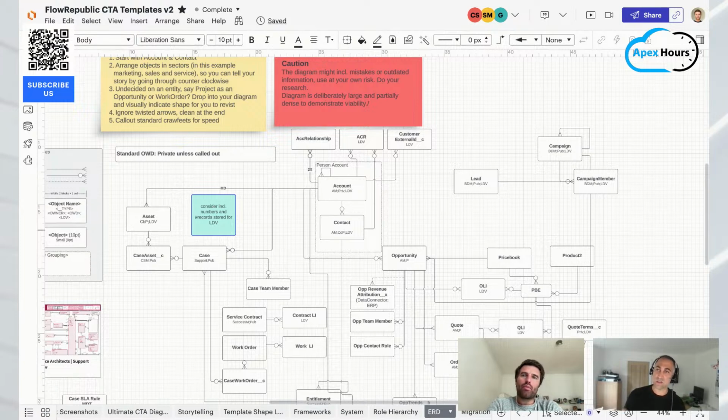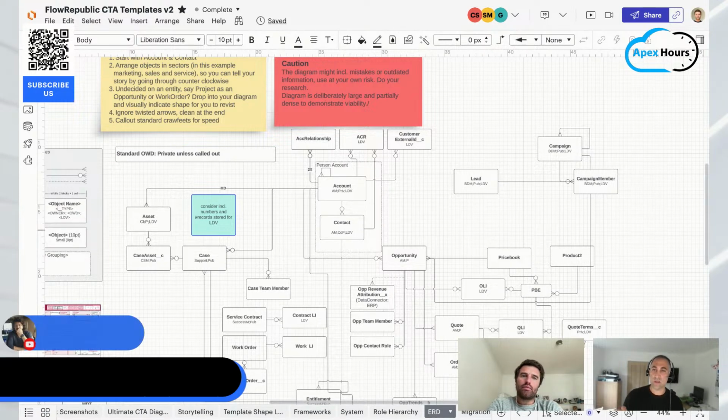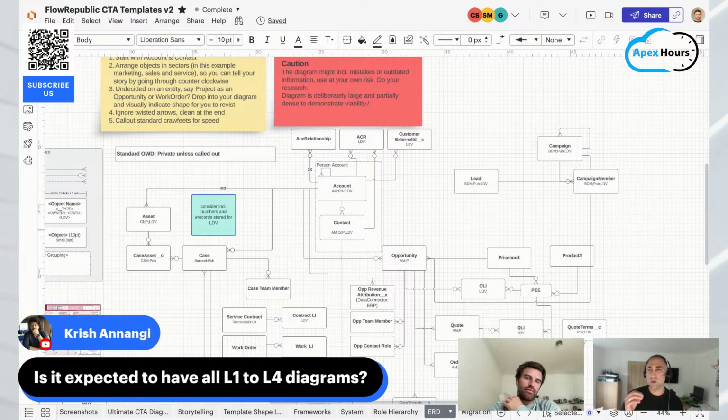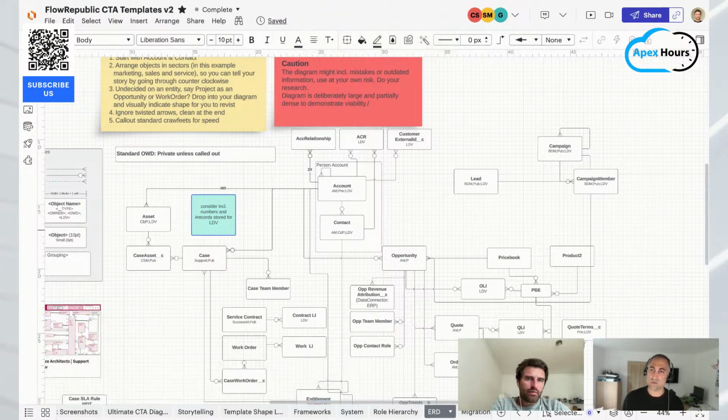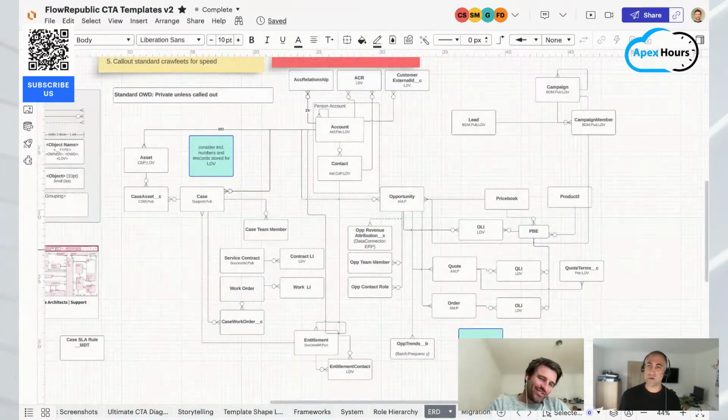So you've marked out some of those aspects on the diagram by saying this is an asset object, it's owned by so and so, its security org-wide default is X, it is or isn't large data volumes, this is the volume I expect, and therefore I can talk to the risks and impacts of that choice. Now there are some differences of opinion about how to do that. Some people talk about using colors quite a lot.